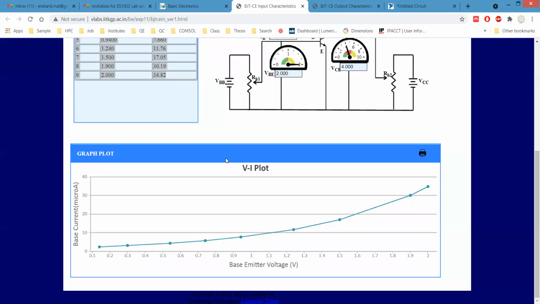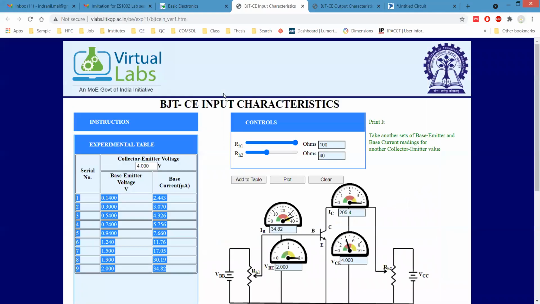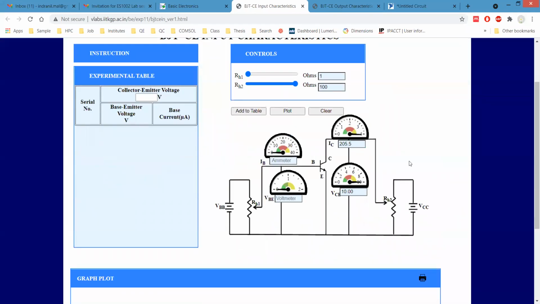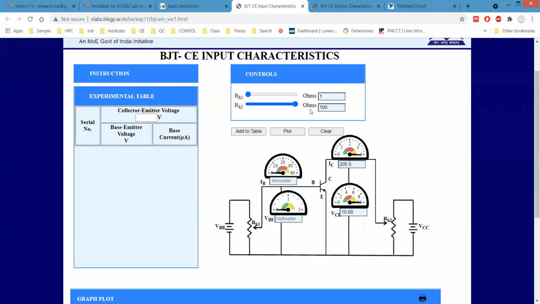We are running out of time. Let's clear it. Then you take an extreme value. So okay, 10 volt. Good. Let's have some data for 10 volt, 10 volt for the collector emitter junction. 10 volt we have applied.